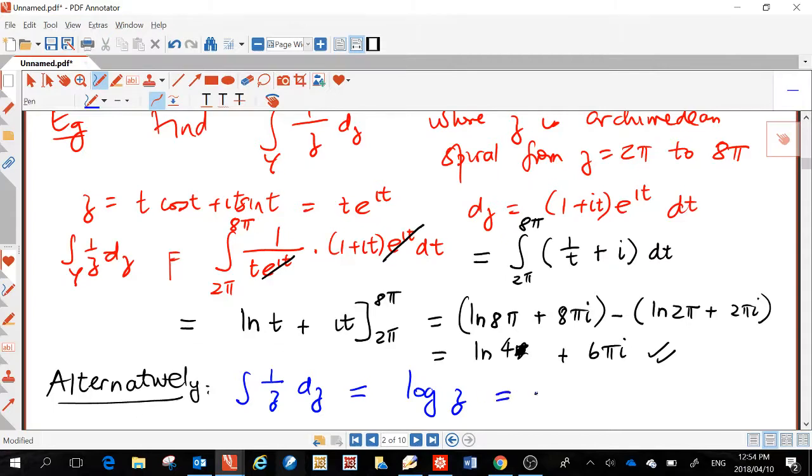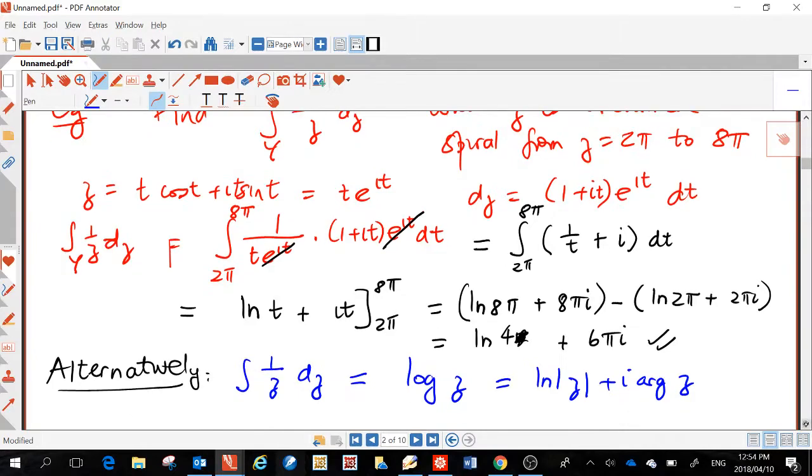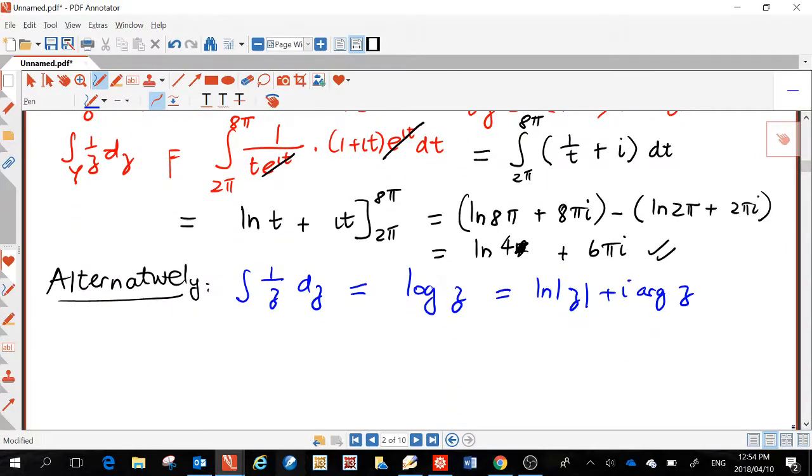And this is ln of the magnitude of z plus i times the argument of z. Remember this expansion of log z? Log of a complex number is ln of the absolute value, or the norm, plus i argument of z. And you can carry on working this problem out using 0 to 2 pi up to 8 pi, and you'll get the same answer.